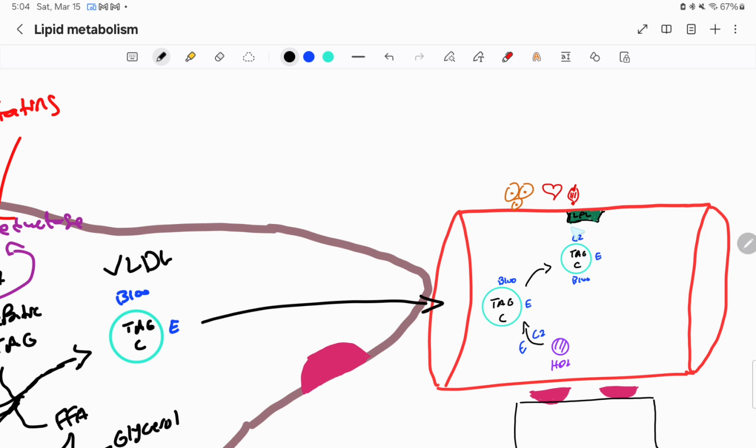And so what's going to happen? The entire purpose of making this VLDL was pushing the endogenous lipids that come from the chylomicron remnant and the metabolism of the liver out from the liver to the peripheral tissues when we need them. Now, something you should note, by the way, is that the chylomicron pathway, the exogenous lipid transport system, is only operating after a fat-containing meal, okay?